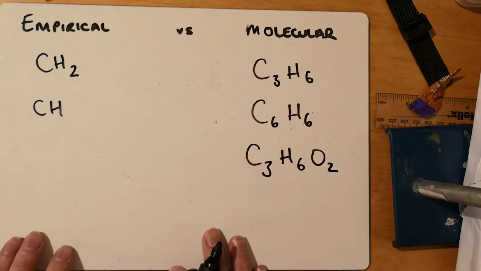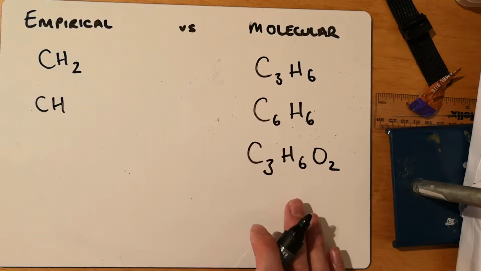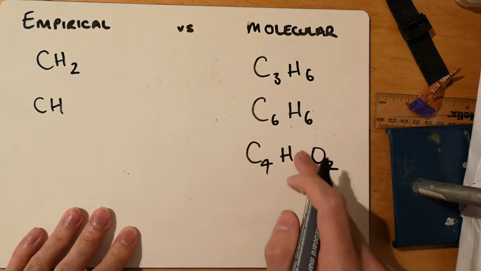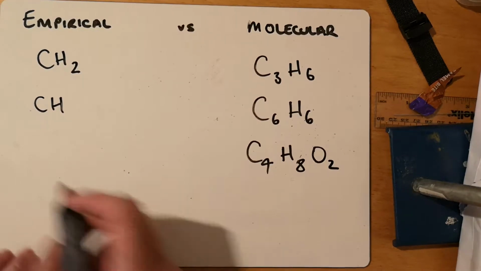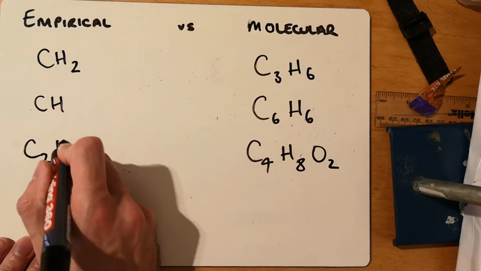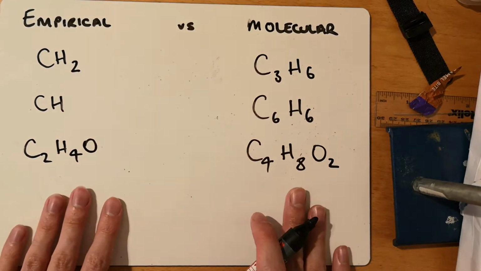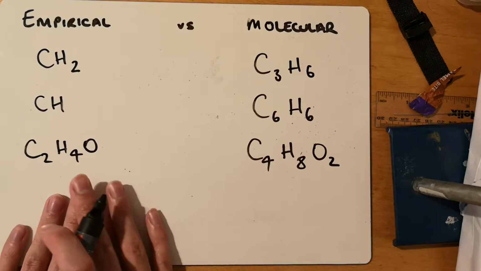So here C3H6O2 could be expressed... C4H8O2 could be expressed simpler as C2H4O, because we can simplify that down. We could divide each one by 2 to get to a simpler expression.